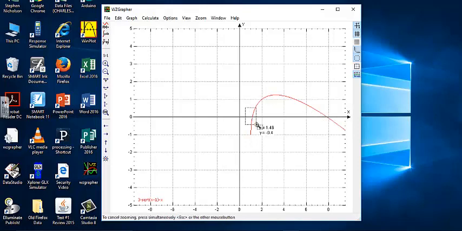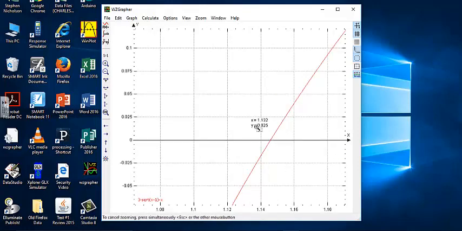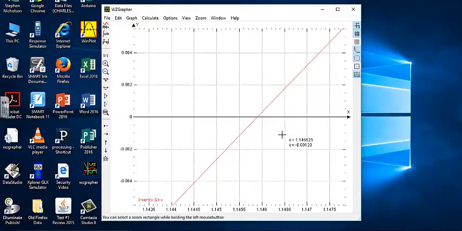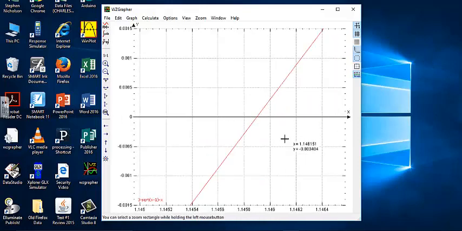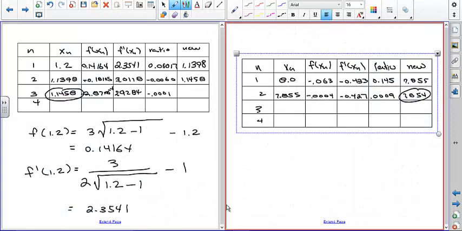And then what we'll do is we'll just zoom in on these. If I keep zooming in with this graphing program, we'll get more and more accurate results. And then I put my cursor right over top of that. And so it says my x-intercept is 1.1458. And what do we get? Pretty close to that. 1.1458. There it is. Okay.